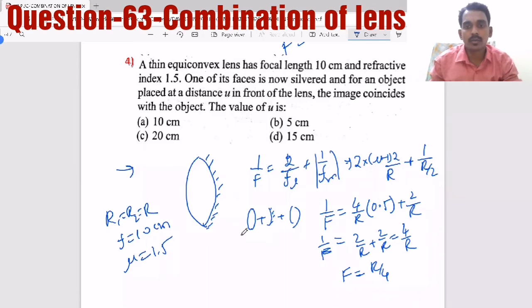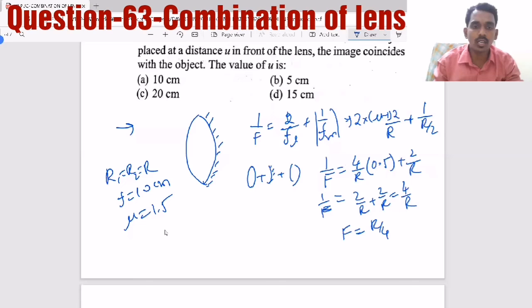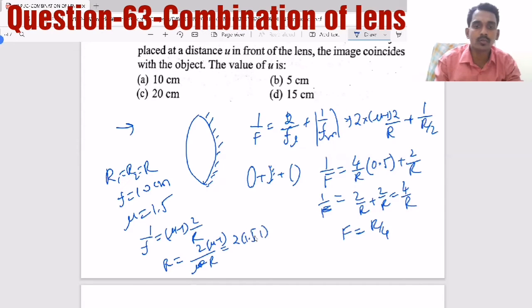So the radius of curvature will become, now how to find the radius of curvature? For the thin convex lens, focal length means 1 by F equals mu minus 1 into 2 by R. Now from here R equals 2 into mu minus 1 times F. So 2 into 1.5 minus 1 times the focal length.